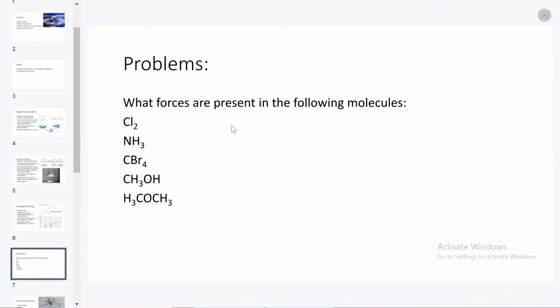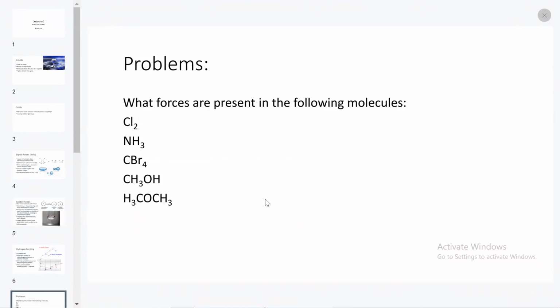So I think now would be a good time to go over the answers for this problem. So first, I think the first step would be to draw the structure of all of these molecules. So what do we have here? We have chlorine, ammonia, carbon tetrabromide, methanol, and dimethyl ether, okay?